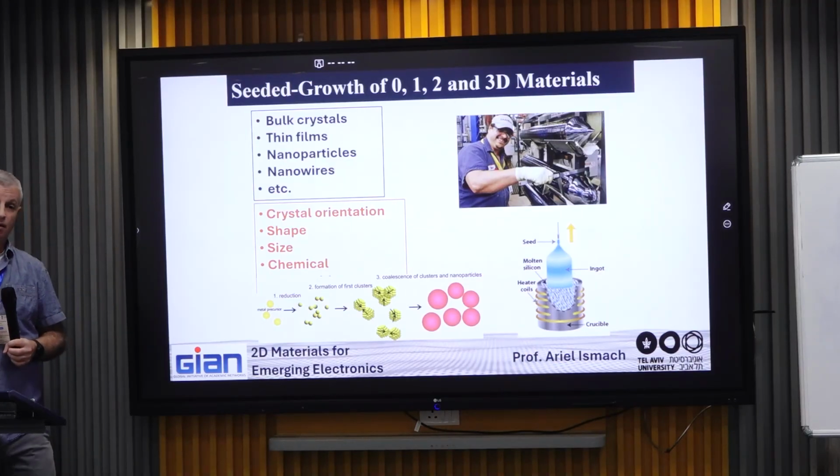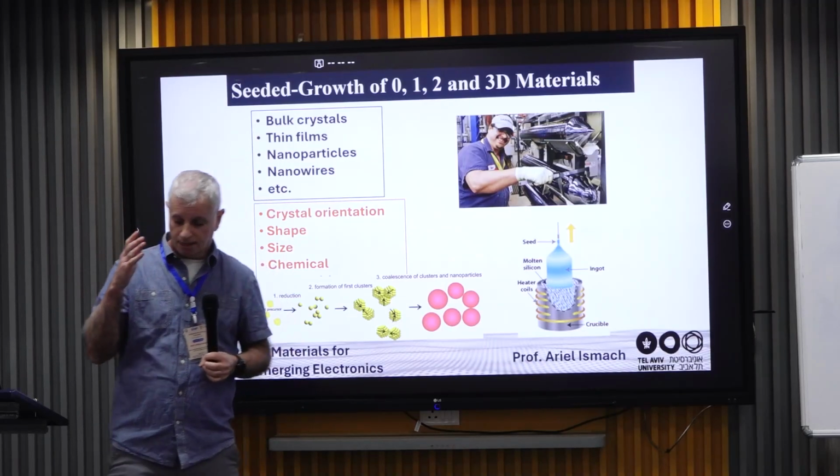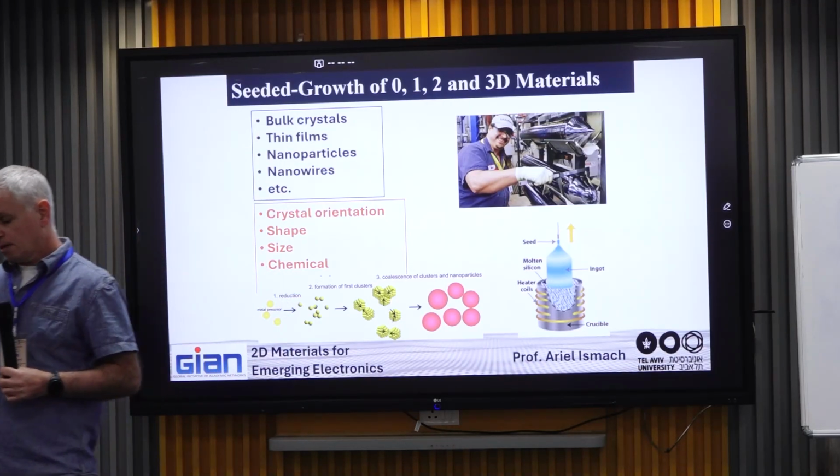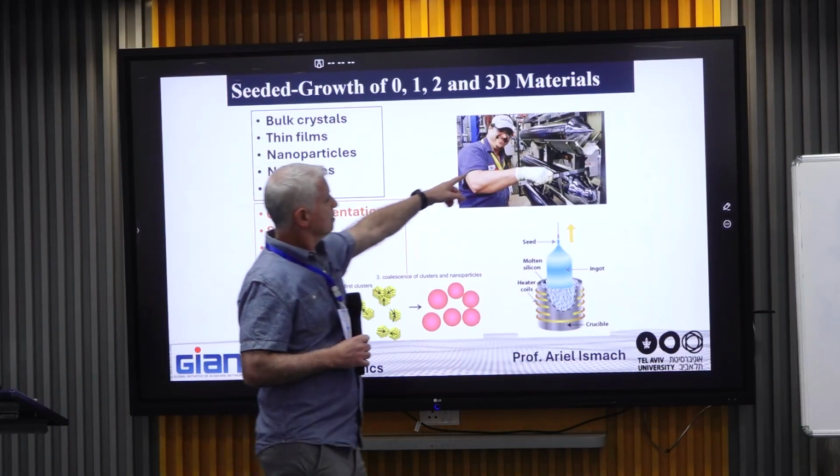Another method in order to control the crystallinity, to improve the quality, and sometimes to control the monolayer, is what we call seeded growth. Seeded growth is very famous, as Professor Kumar mentioned before, in 3D crystals. You can see here this smiling guy, you see these crystals?